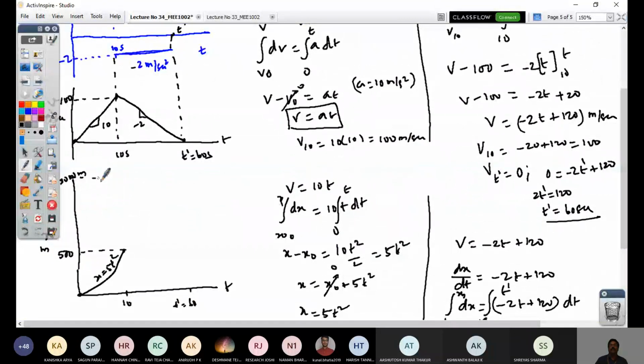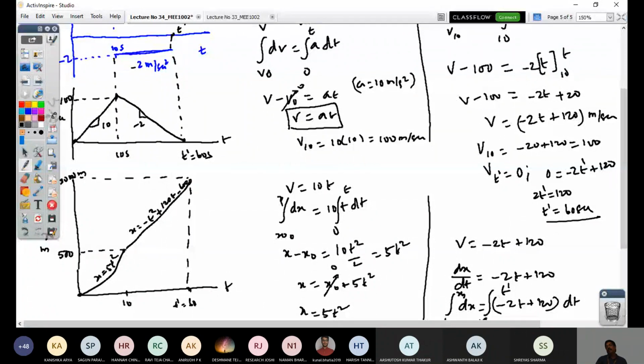It is a straight line, and here this equation is described by x equals minus t squared plus 120t minus 600, and this point is this. So how far it has gone to stop the vehicle is 3000 meters.